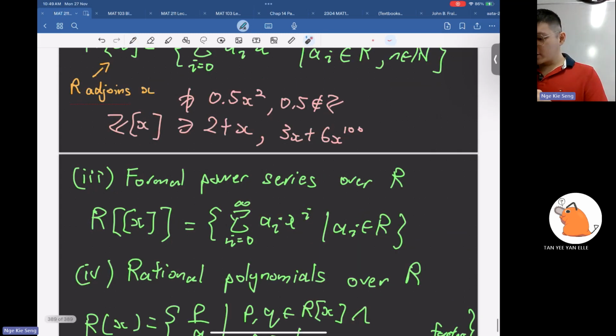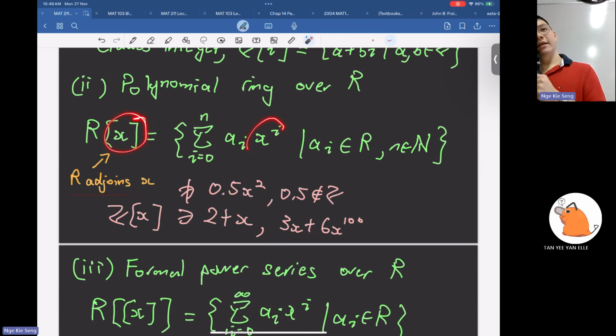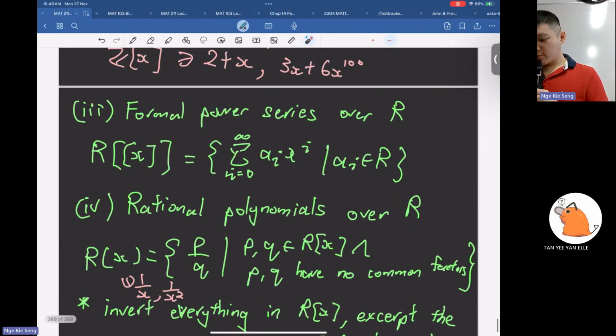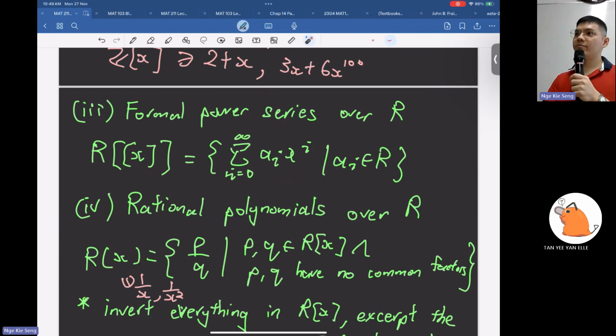If I put one square bracket, it is a finite linear combination. If I put double square brackets, this is an infinite linear combination, a power series. And if I put round brackets, you have multiplicative inverses for everything other than 0.